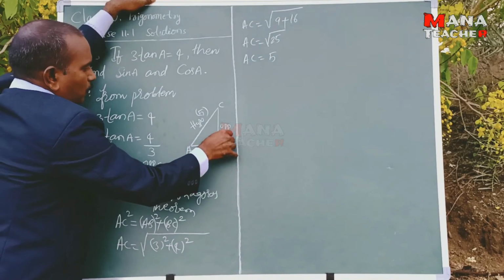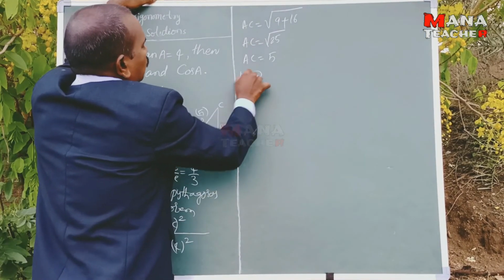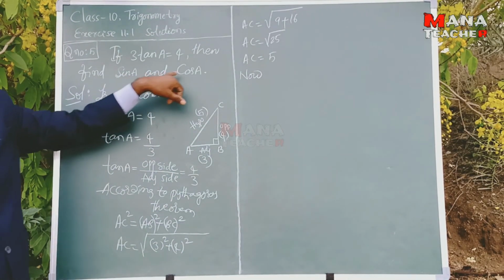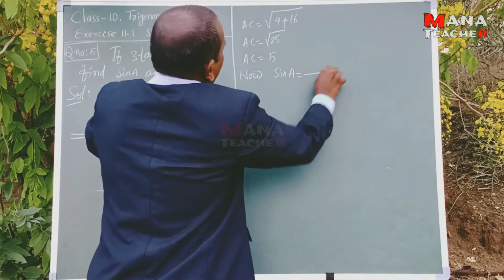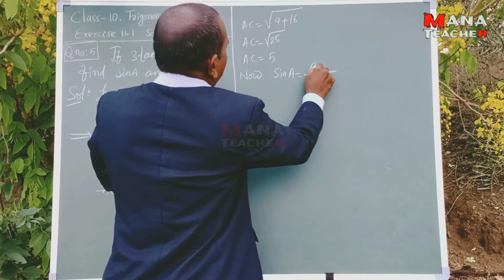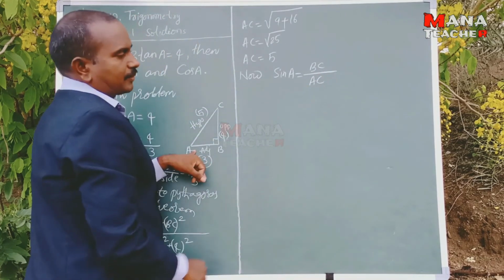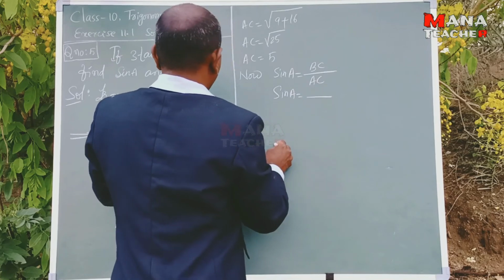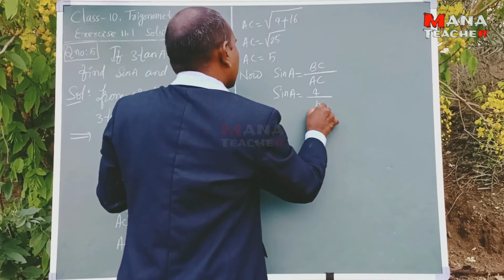Opposite is 4. Adjacent is 3. Now, what is asked in the problem? Find sin A and cos A. So sin A equals opposite BC by hypotenuse AC, which equals 4 by 5.